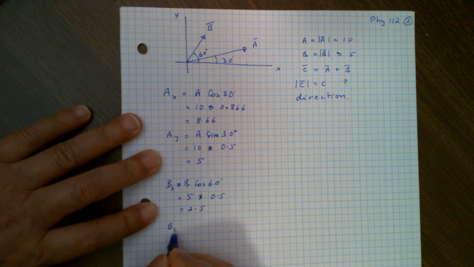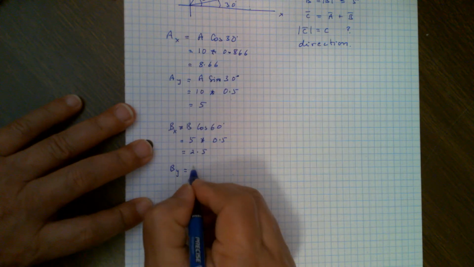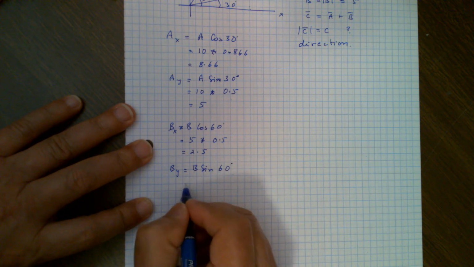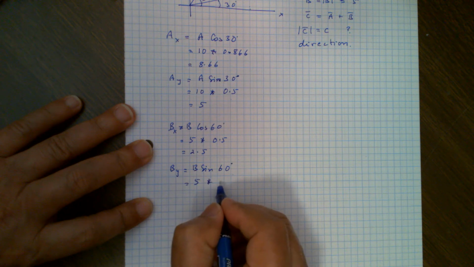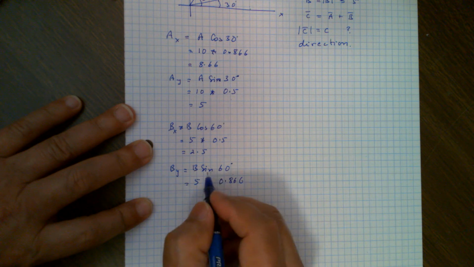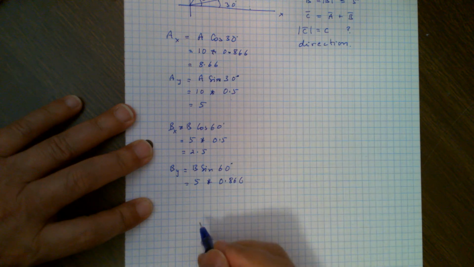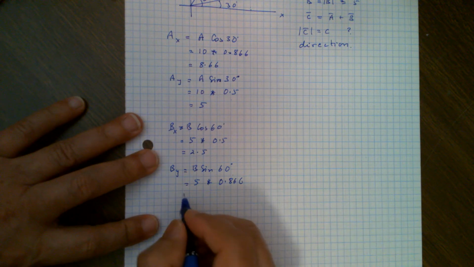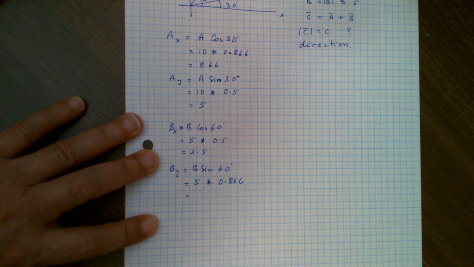And what about BY? BY is again B sine 60 degrees. So now B is 5. Sine 60 is, as I said before, 0.866. So sine 60 and cos 30 are the same. Sine 30 and cos 60 are the same. So if you know these things, it helps. Now 0.866 times 5.